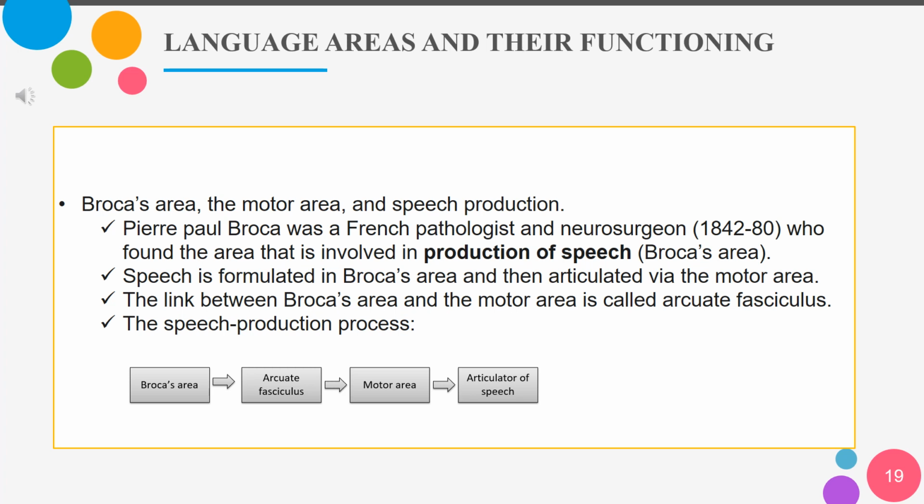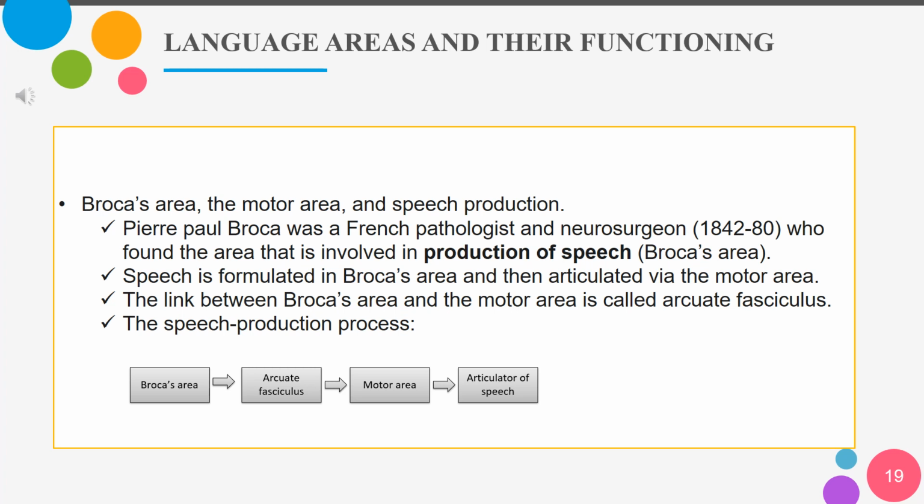Broca noted that the speech area is adjacent to the region of the motor cortex that controls the movement of the muscles of the articulators of speech: the tongue, lips, jaw, soft palate, vocal cords, and so on. He posited that speech is formulated in Broca's area and then articulated via the motor area.